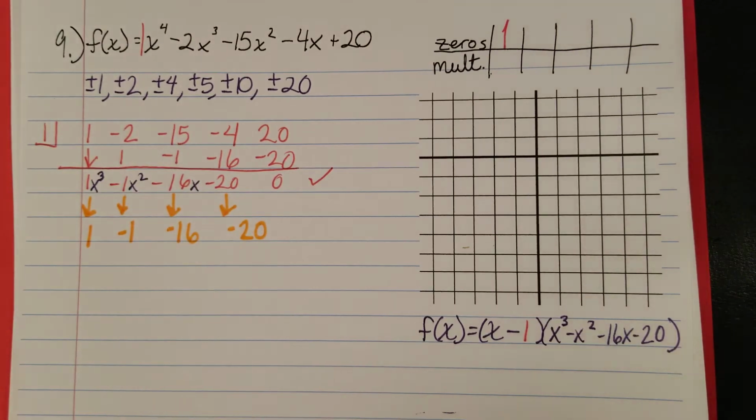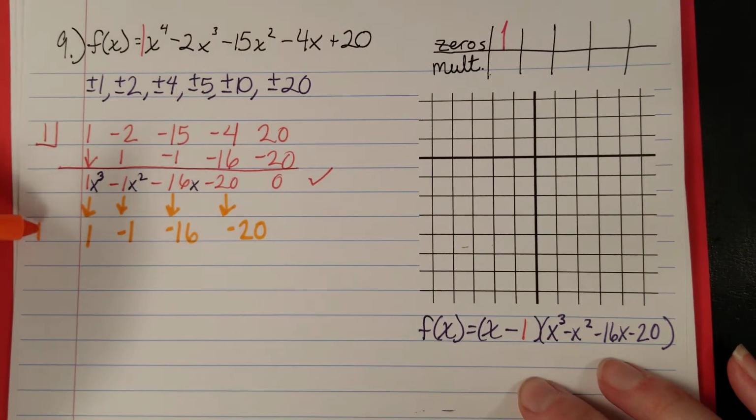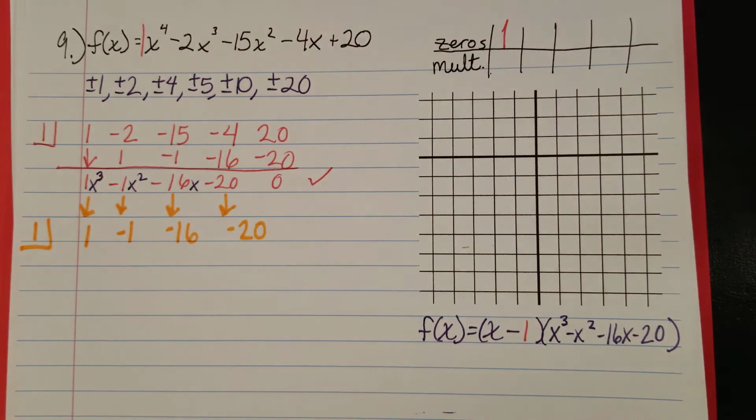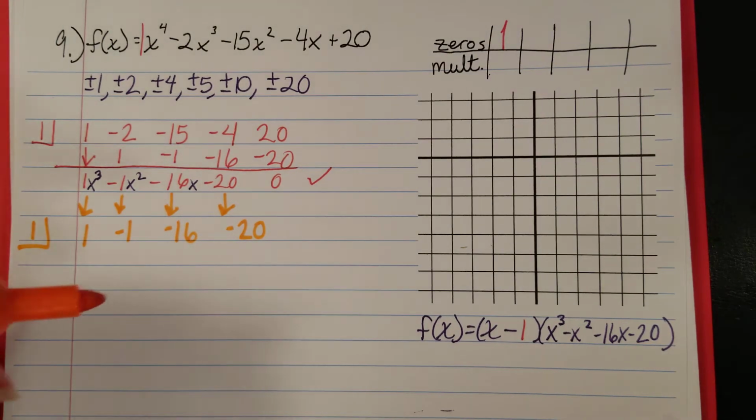And we're going to put 1 back in the box again. Now if there were some zeros that we had already eliminated, like if 1 did not work, we would not try it again. So let's say if 1 did not work, but -1 did. We would not need to try 1 again, but we would need to try -1 again. So whichever one was the one that worked, we need to try that one again, not the ones that didn't work, and then continue on from there.